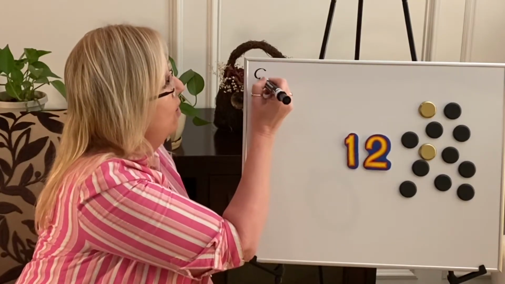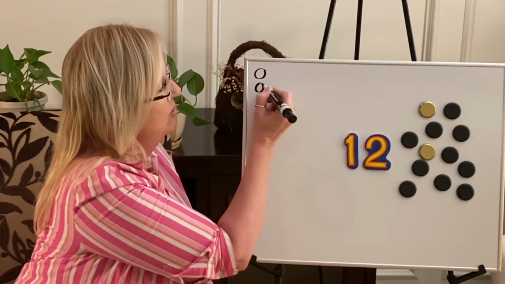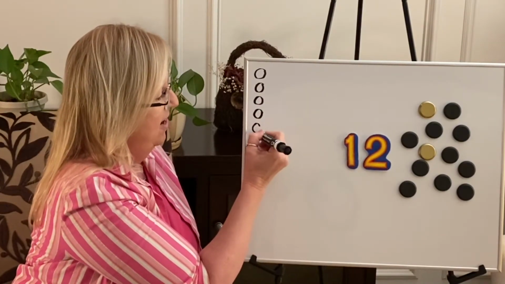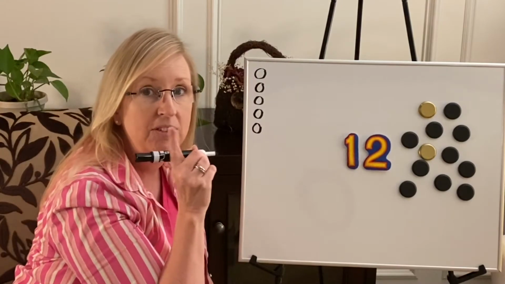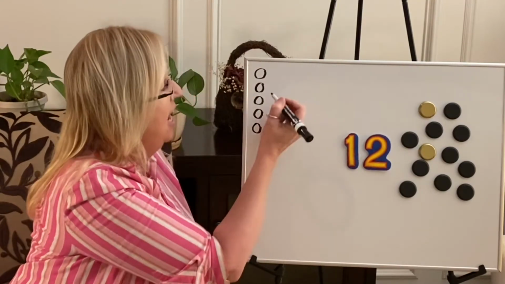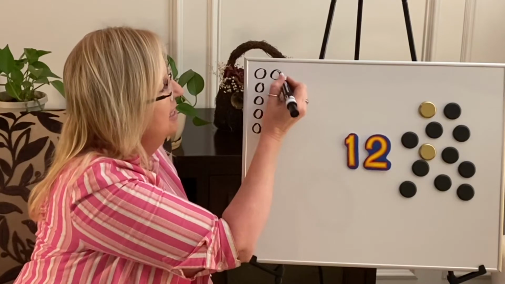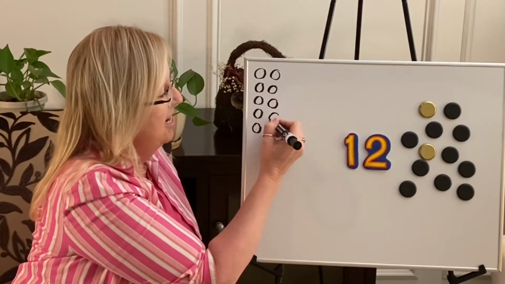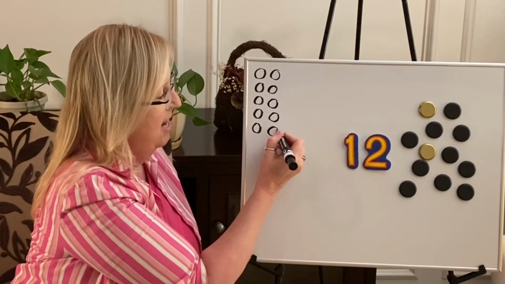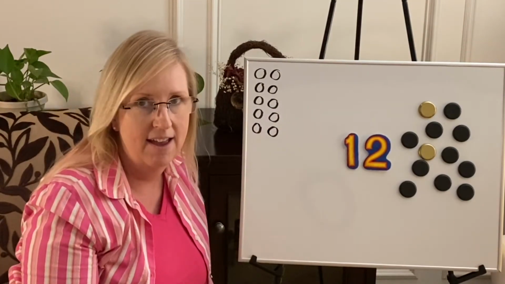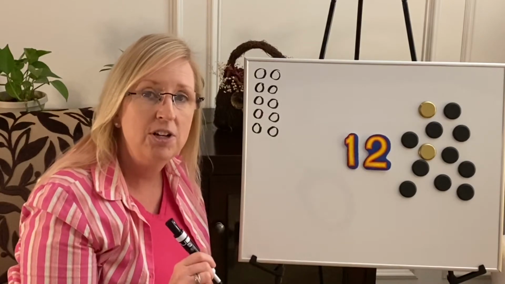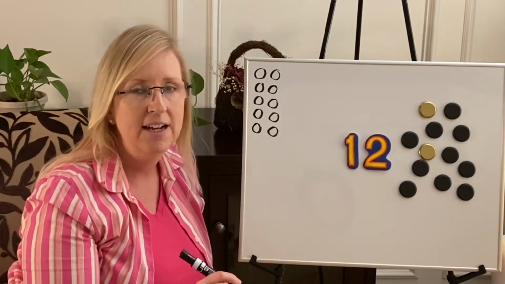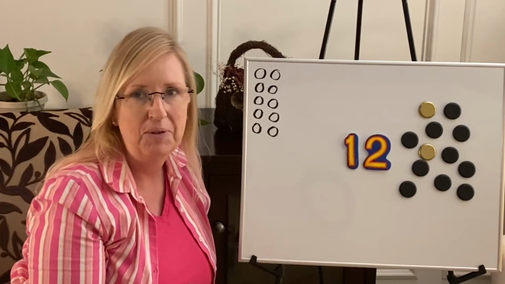So 1, 2, 3, 4, 5 bouncy balls because we 5 frame out first, and then 6, 7, 8, 9, 10. So there's our 10. If you need to pause your video so that you can continue writing your bouncy balls, feel free. Otherwise, let's keep going.